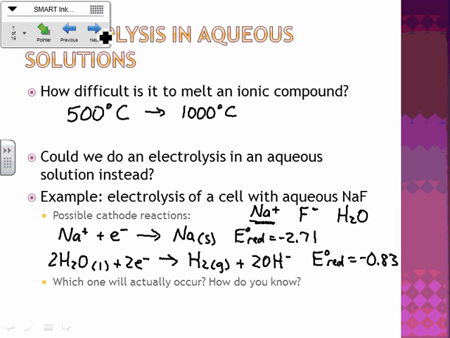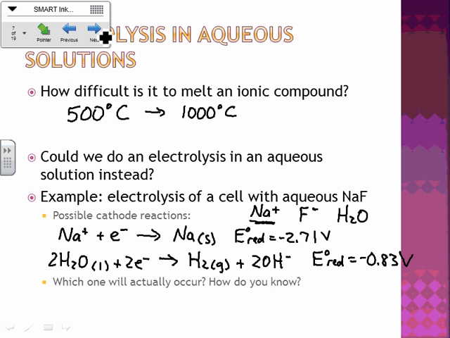These are volts. So if we're passing a current through this thing, which one of these two is going to actually get reduced here? Which one has a higher reduction potential? The water, right? Oh, well, that's a problem.